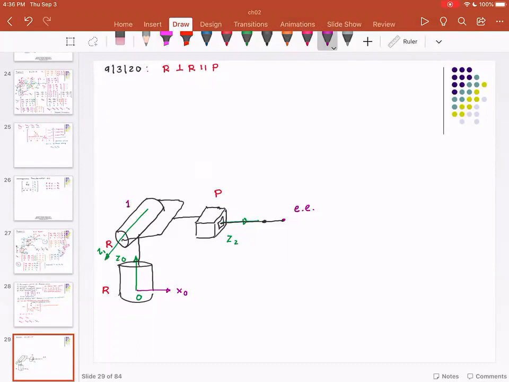So in this case, x1 needs to intersect z1 and z0, and x1 has to be perpendicular to z1 and z0. In this case, this gets satisfied.